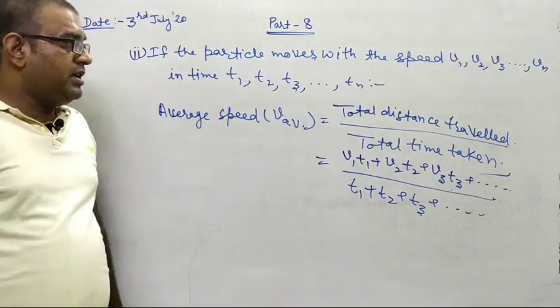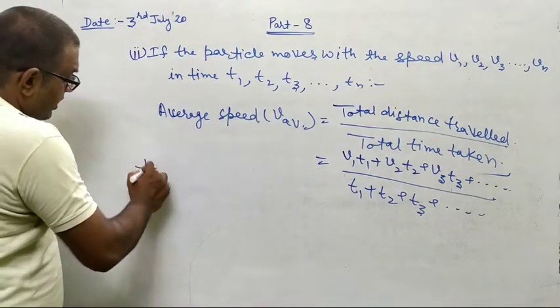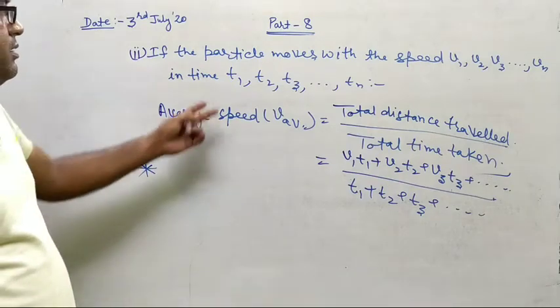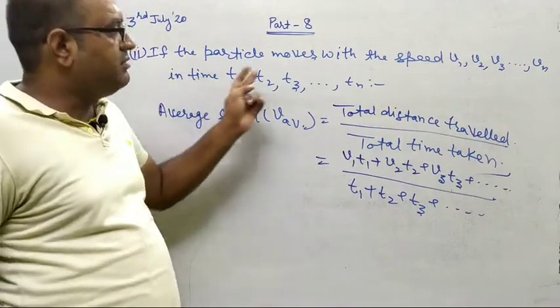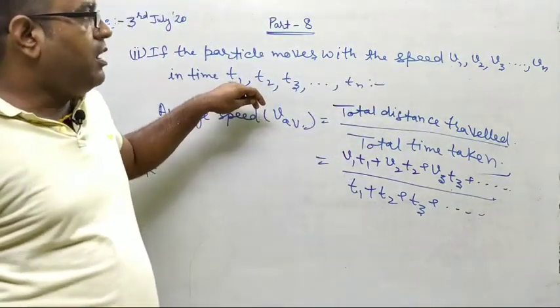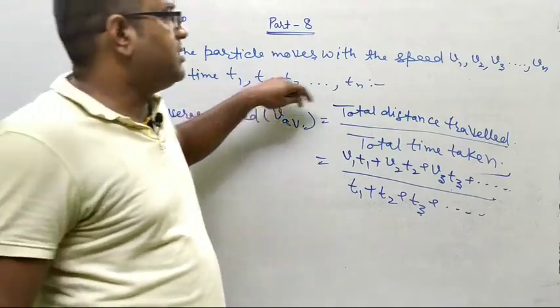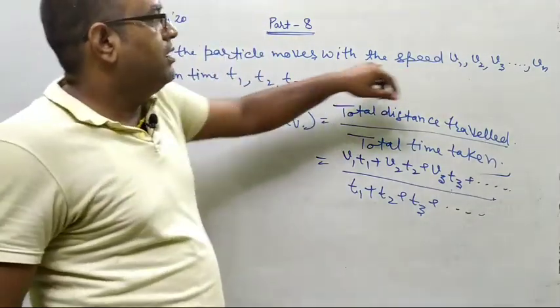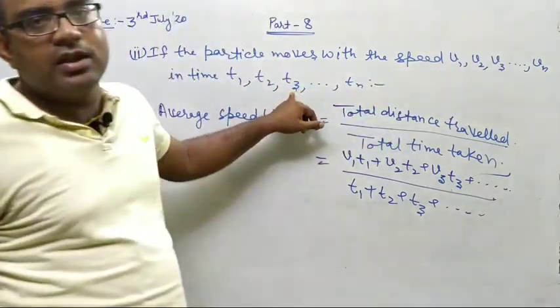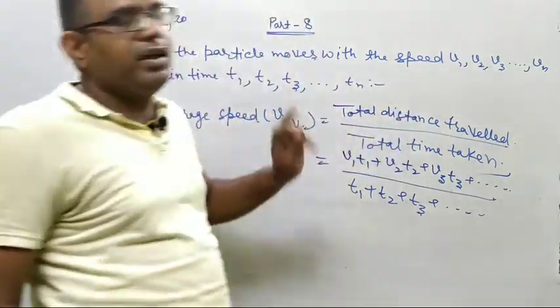Now let us suppose that here I am taking a specification. The particle is traveling with the speed v1 for time t1, v2 for time t2, v3 for time t3, and vn for time tn.